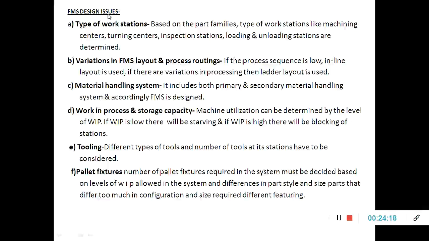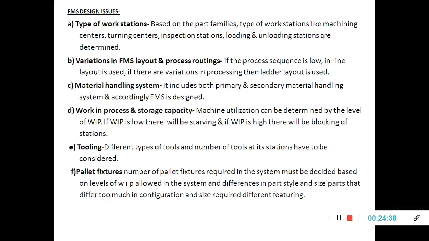Then FMS design issues. There are 6 design issues. The very first one is the type of workstation. Depending upon the part family, the type of workstation, like machining center, turning center, inspection, loading, unloading, is determined.